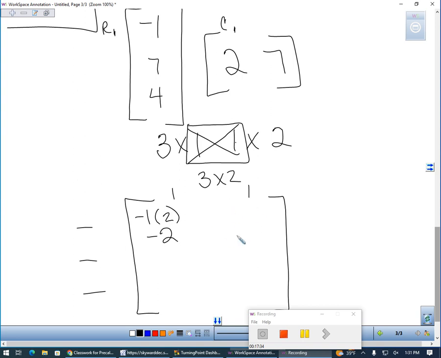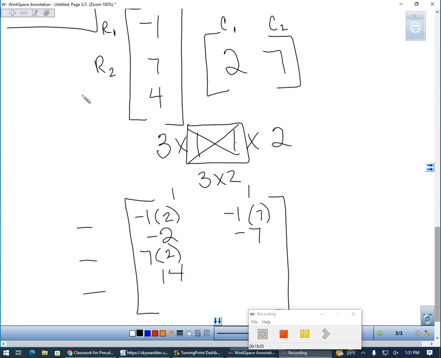Now for this spot, I have A12, row 1, column 2. So this is -1 times 7, or -7. Next, we have A21. So this is row 2 times column 1. 7 times 2. 14.